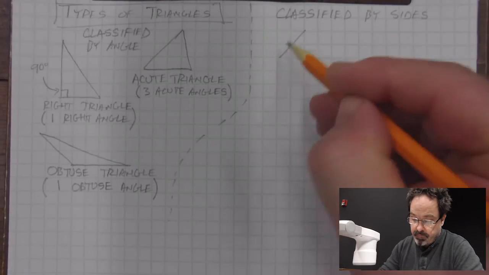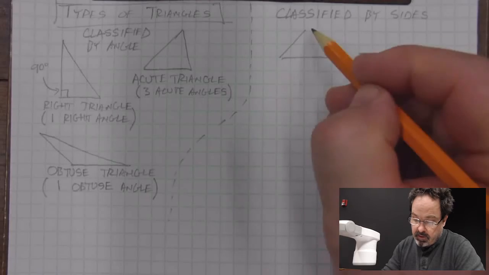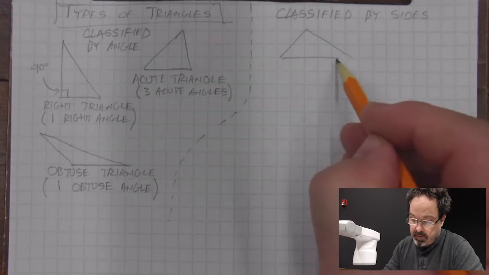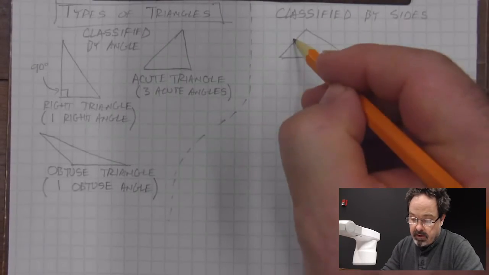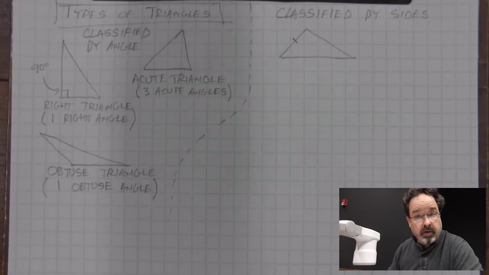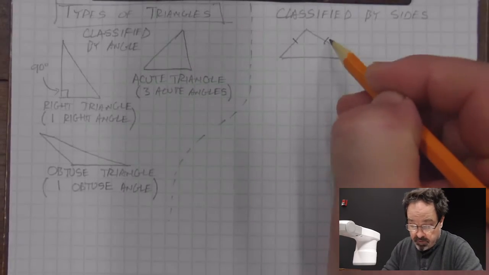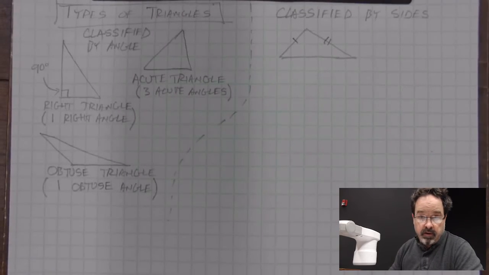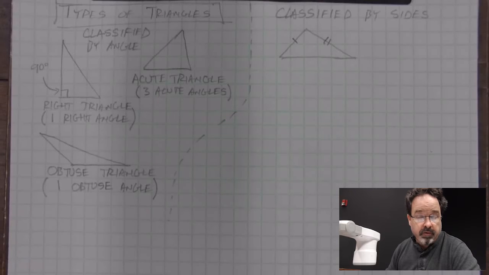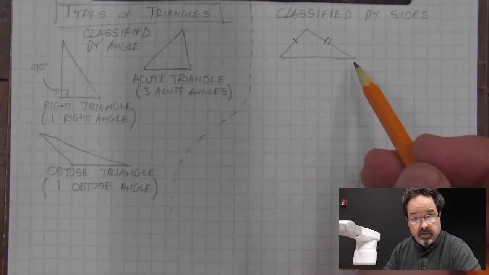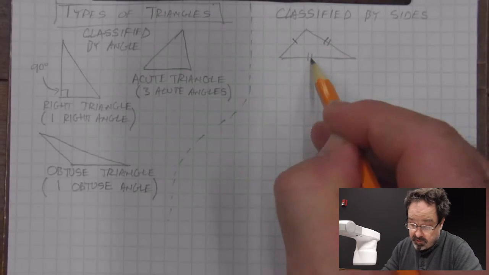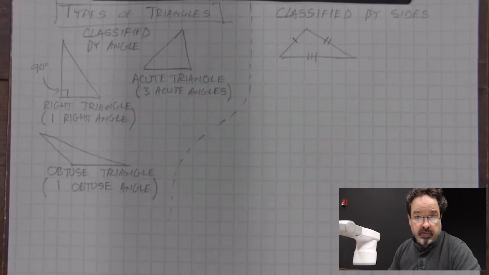For example, a triangle has three sides, but I can use notation, in this case one tick mark and two tick marks on another side to show that those two sides are not equal in measure. They have different side lengths. And if I use three tick marks here, then that third side has a different measure than the other two.